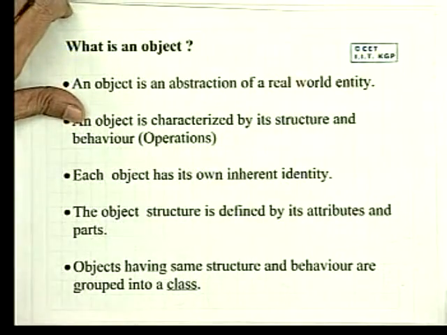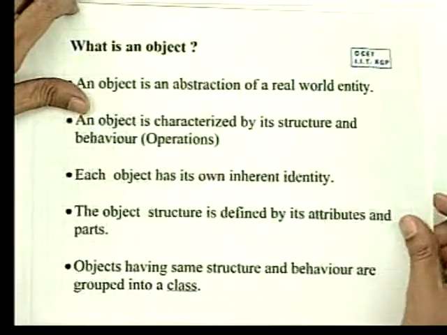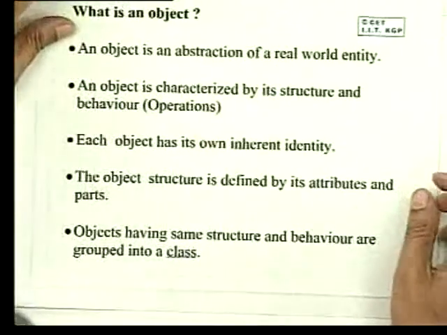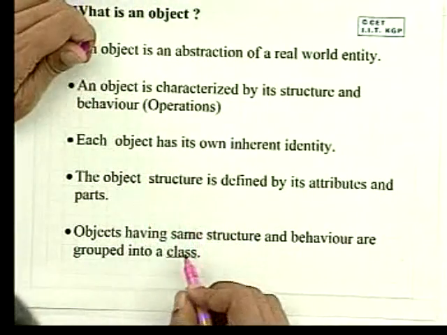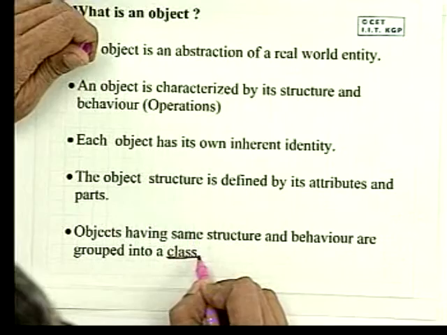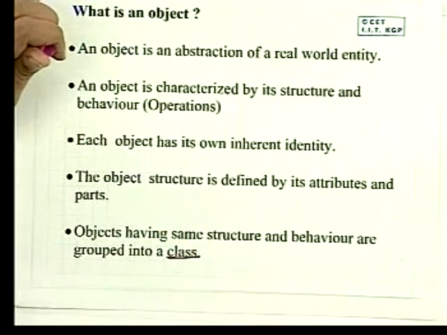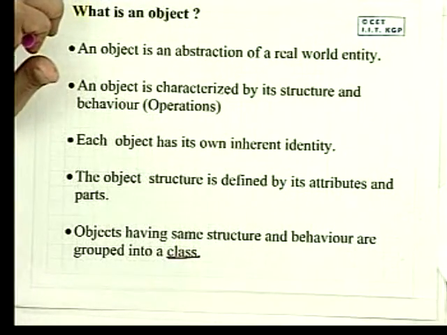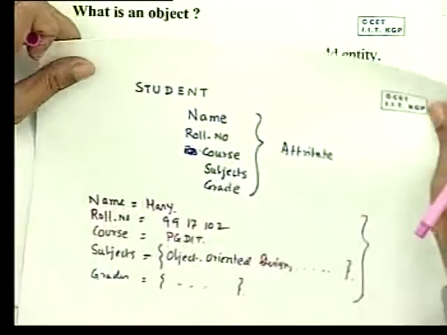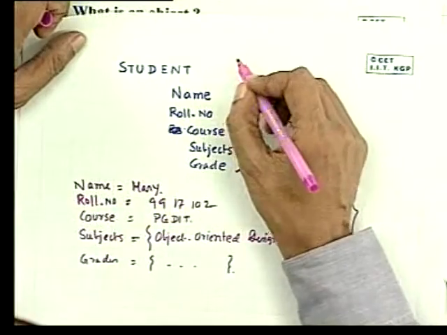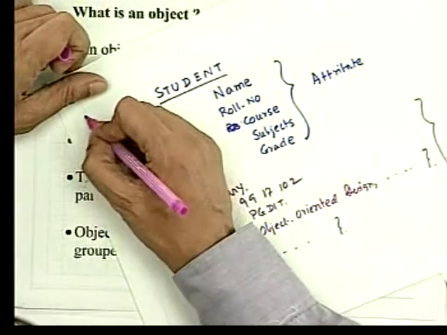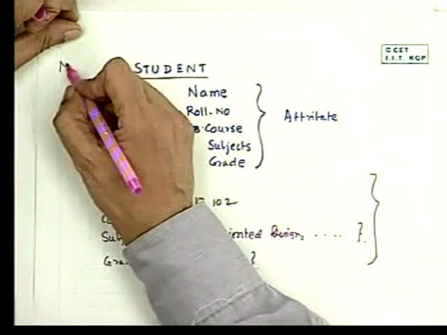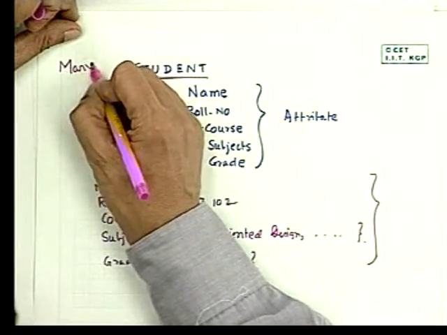The second thing to look at is that when we talk about objects and the class, objects having the same structure and behavior are grouped into a class. For example, when we are talking about student as a class, Mary is a student, an instance of the class student.